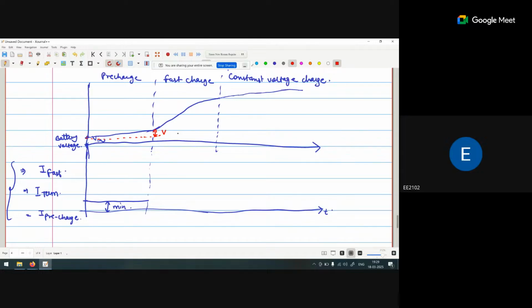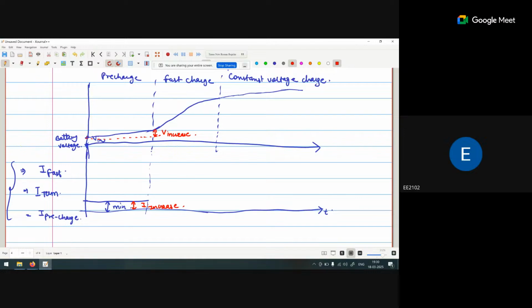So this is the V increase, and this is the I increase. So in the pre-charging condition, voltage and current will be increasing very little.